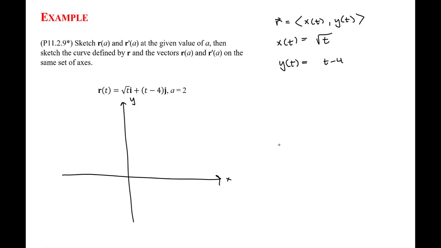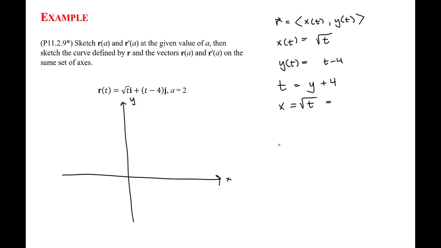Since y is a linear function of our parameter t, I can express t in terms of y. But in expressing t in terms of y, I could then express x in terms of y.